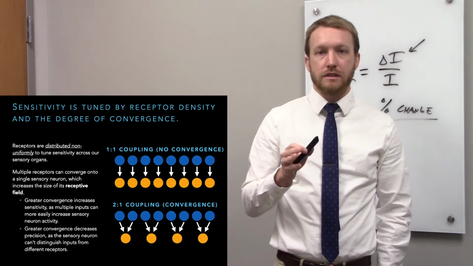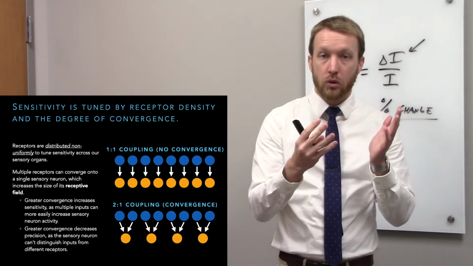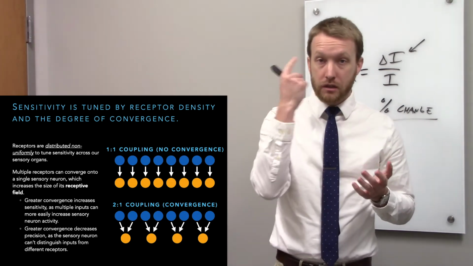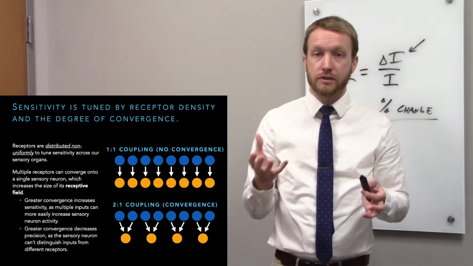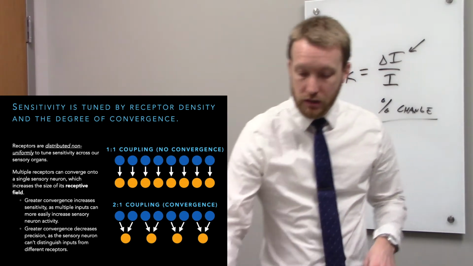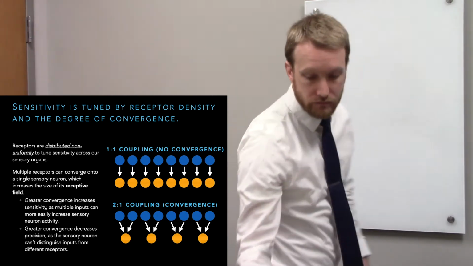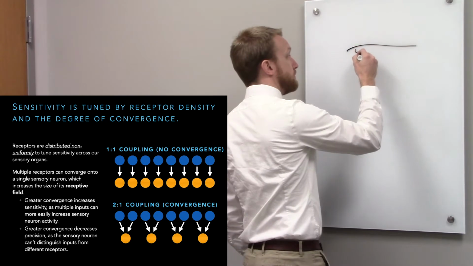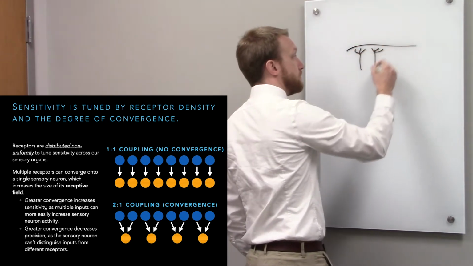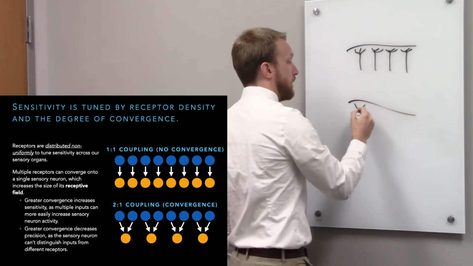Now those differences that we see, let's say in different areas of the body in 2-point discrimination or in visual acuity in the retina, that has to do with convergence of multiple sensory receptors. So let's revisit that 2-point discrimination. That top piece of skin gets more densely innervated compared to that bottom piece of skin.